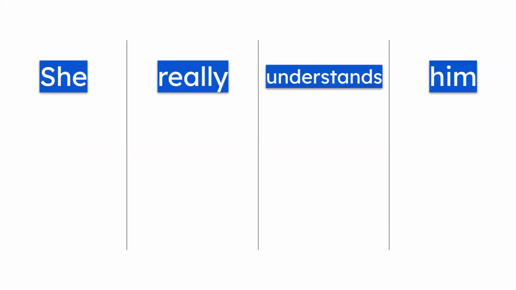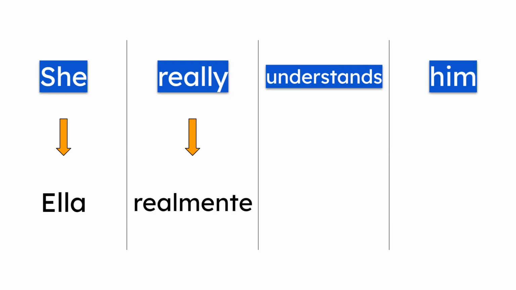Now, the next sentence is she really understands him. Okay, she is ella, and really is a new word we haven't seen so far. And in Spanish, it's very similar. It's realmente. Ella realmente, what comes next? That's right, lo. Ella realmente lo.